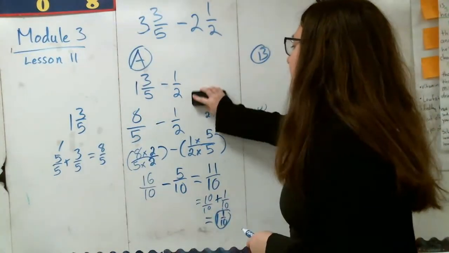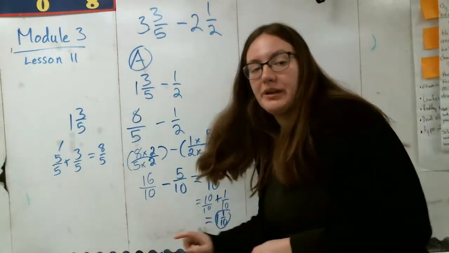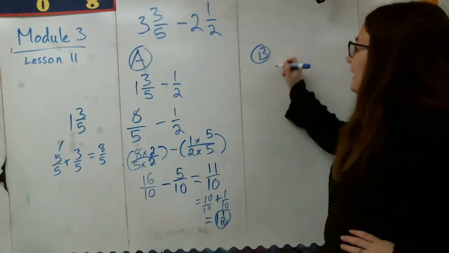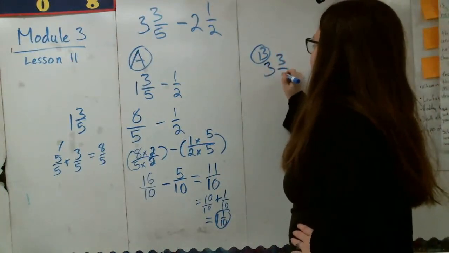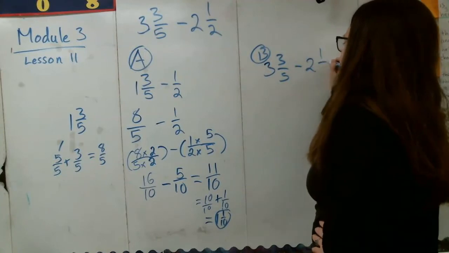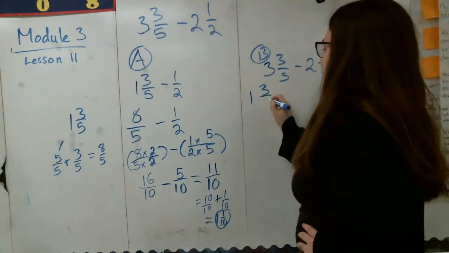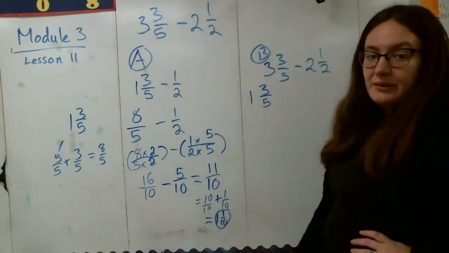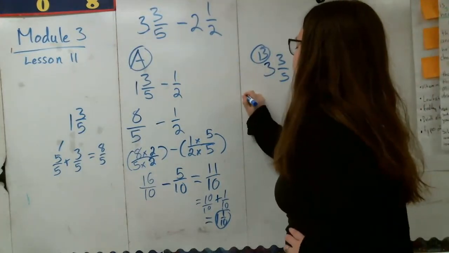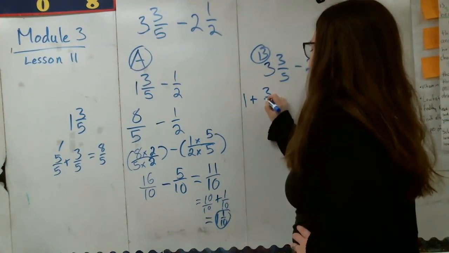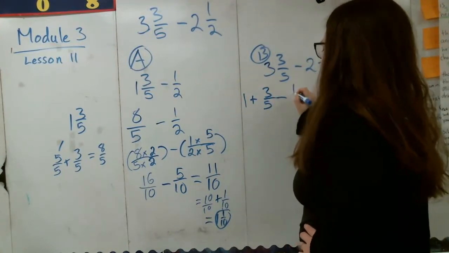Now we're going to take a look at option B. And for option B, what we're going to be doing is we are still going to subtract the whole numbers in the first part. So we have 3 minus 2, which gives me 1. And normally I would write it as 1 3/5. But what I'm going to do instead is put this as 1 plus 3/5 minus a half.